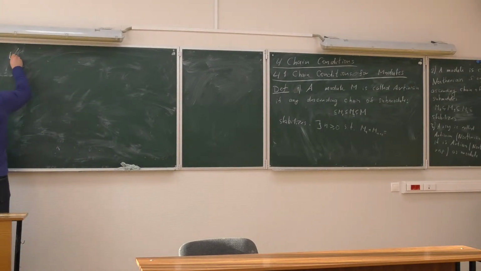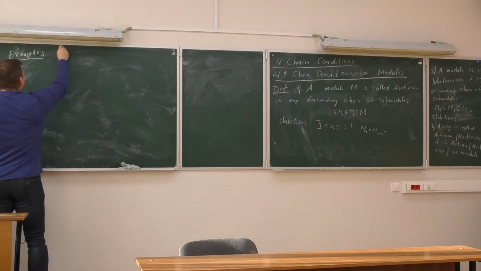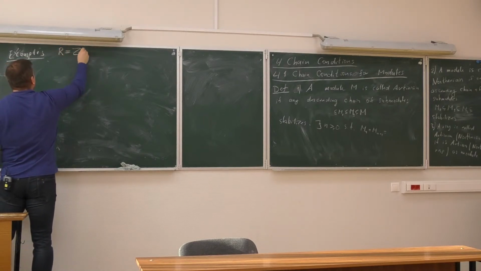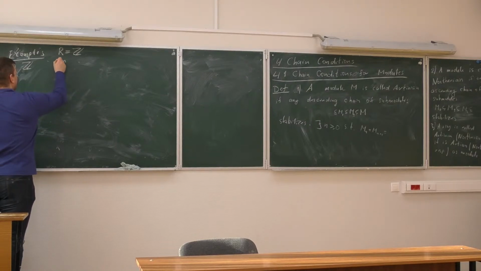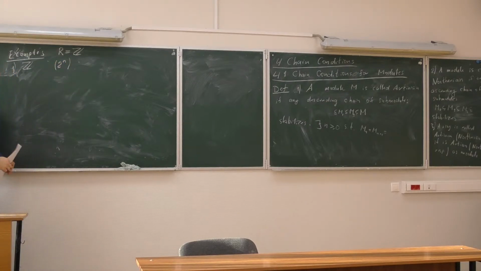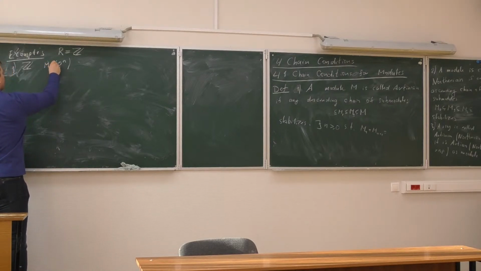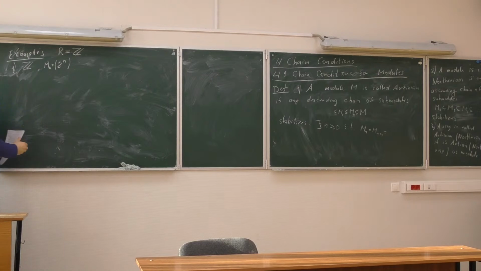Okay, let's do examples. Let's fix a very simple ring. So in these examples, the ring R is just the ring of integers. How about this chain? So if you consider this chain, is it ascending or descending?